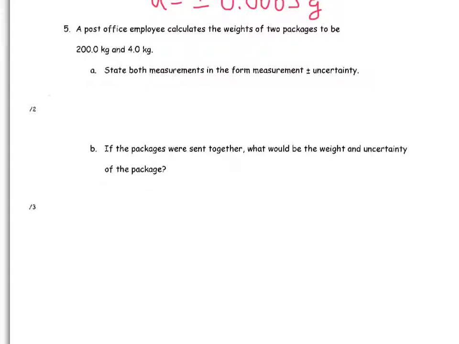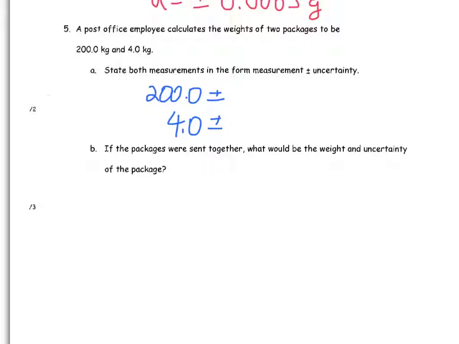Question 5. A post office employee calculates the weight of 2 packages to be 200.0 kilograms and 4.0 kilograms. And it wants us to state the measurements in the form of measurement plus or minus uncertainty. So, it's 200 plus or minus, and 4 plus or minus something.